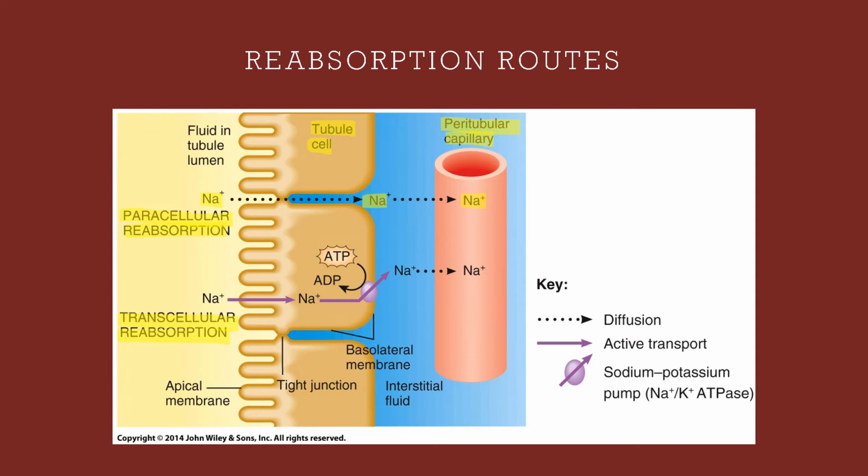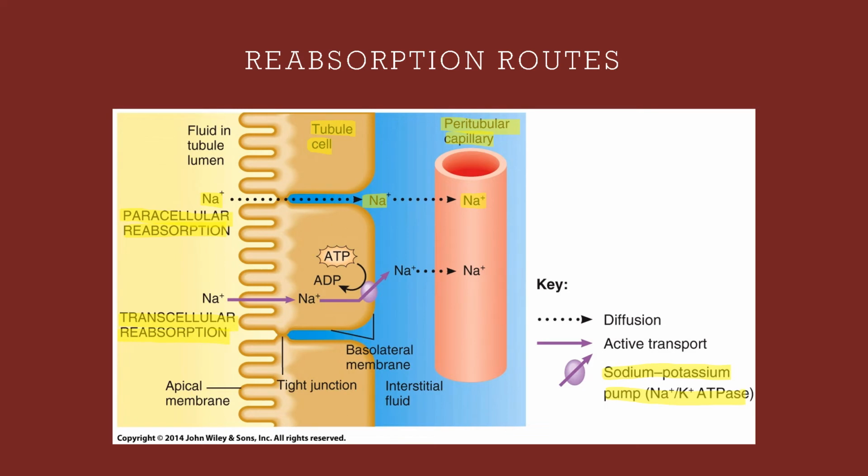The other way is by transcellular reabsorption. So for the example here for sodium, just like other cells throughout the body, the cells lining the renal tubules have a low concentration of sodium in their cytosol. And this is due to the action of sodium-potassium ATPases.